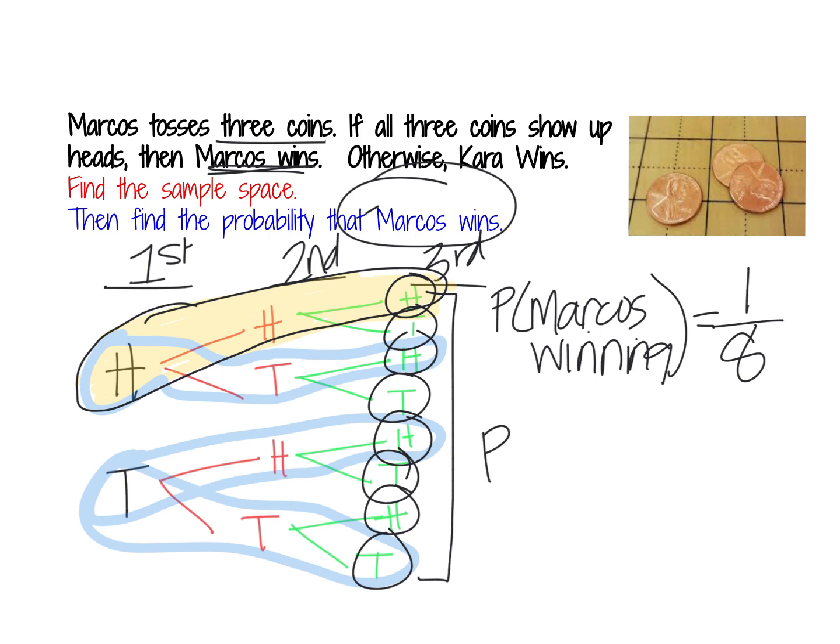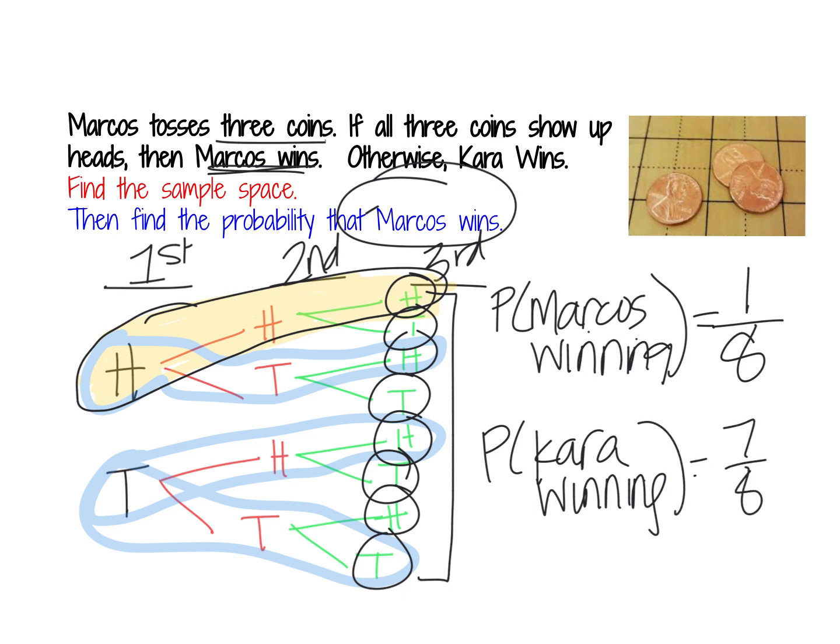So that means the probability of Kara winning would be 7 out of 8, or 7/8. So Kara has a lot better probability of winning over Marcos.